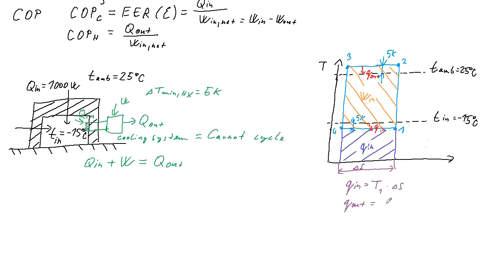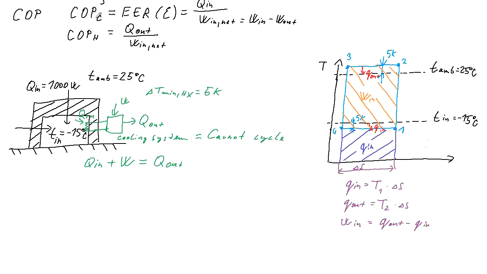Q out would be temperature 2 times change in the entropy, and from the balance equation or from the balance model we could get that the work input needs to be the heat output minus the heat input.